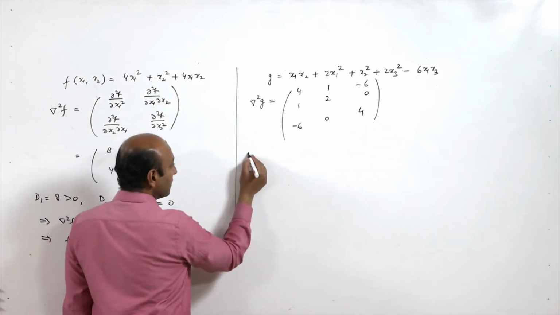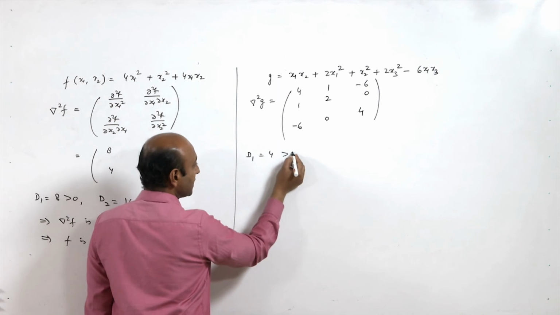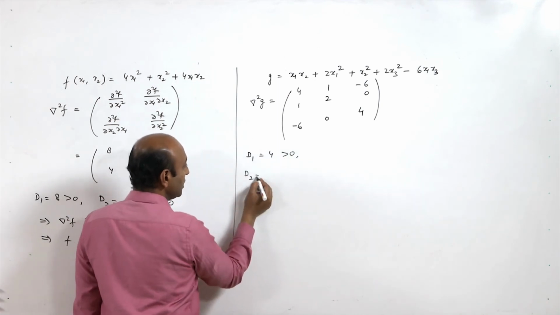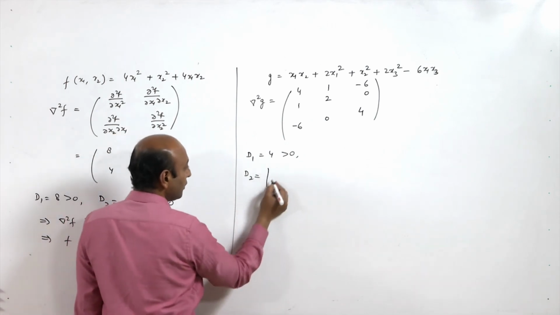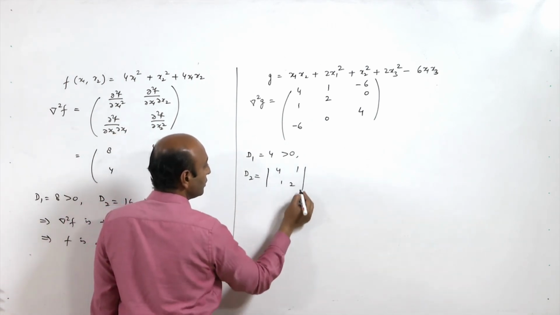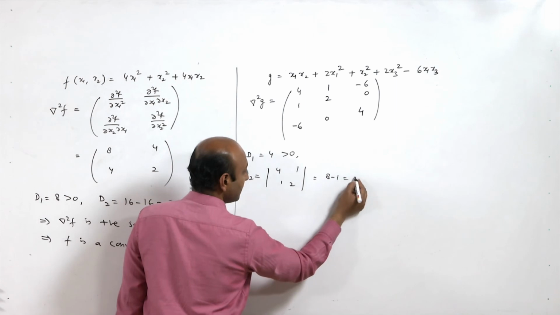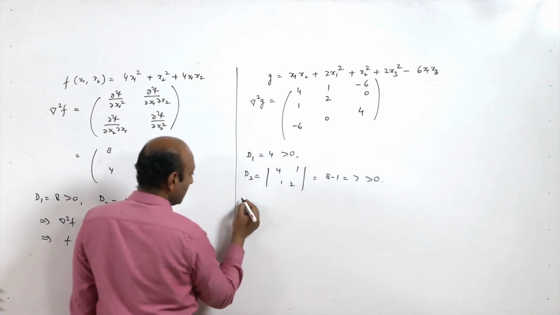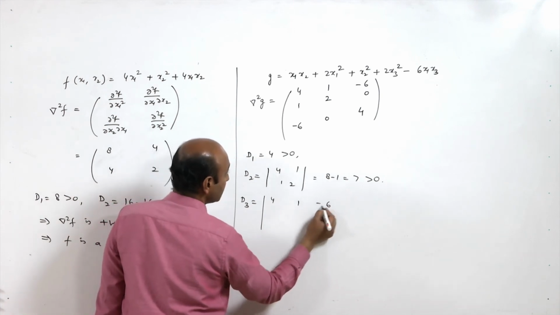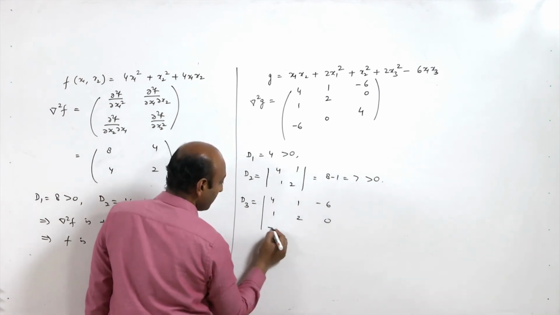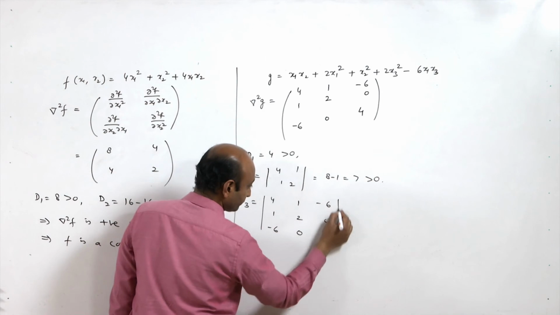Now, what is d1? d1 here is 4, strictly greater than 0. What is d2? The leading principal minor of order 2 cross 2, which is the determinant of 4 1 1 2, which is 8 minus 1 is 7, strictly greater than 0 again. D3 is the determinant of the 3 cross 3 matrix, which is 4 1 minus 6, 1 2 0, minus 6 0 4.